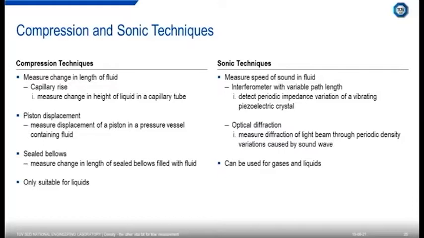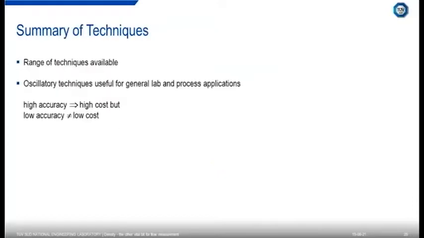So, we've seen a range of techniques which are available for measuring densities for both liquids and gases, some of them suitable for online use, some only suitable for offline or laboratory use. In general, oscillatory techniques are useful for pretty much everything, general laboratory applications and process applications.